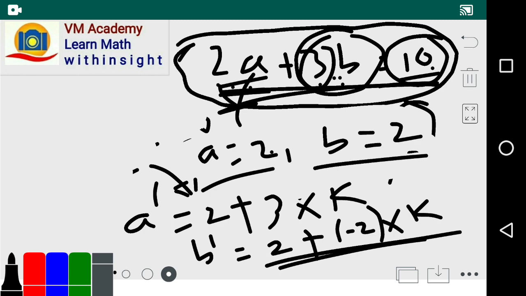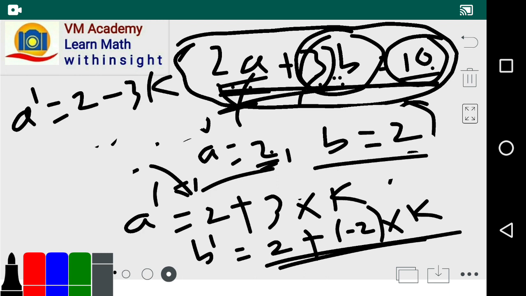Now friends, what if we also generate A dash equal to A initial value 2 plus negative of this 3k, minus 3k, and B dash equal to initial value 2 plus 2k.